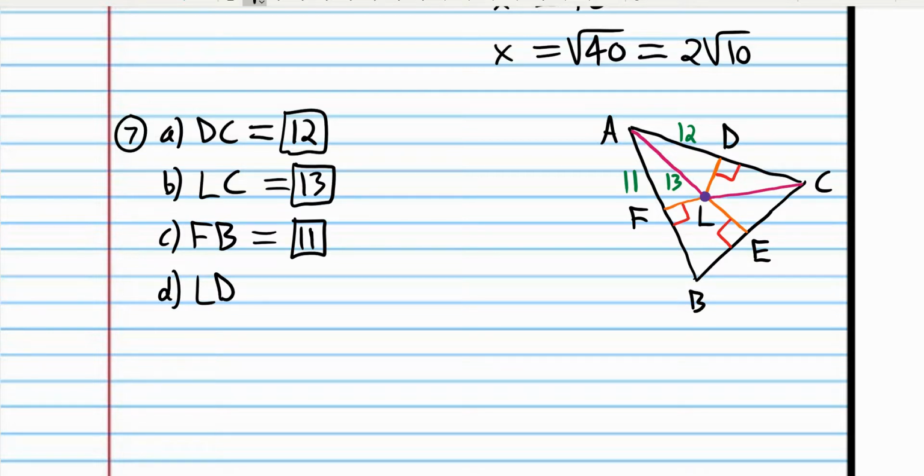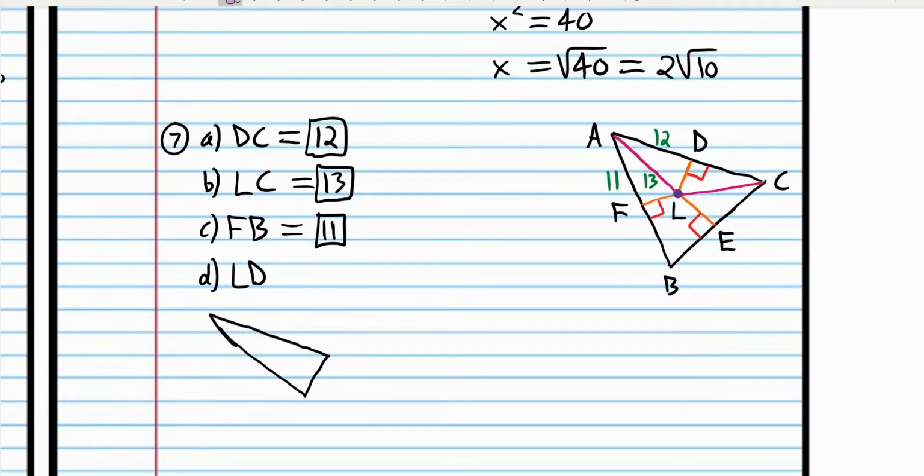Now LD. LD is this distance, and we're going to have to use this triangle here. So I'm going to pull that triangle out. I'll put it down here.